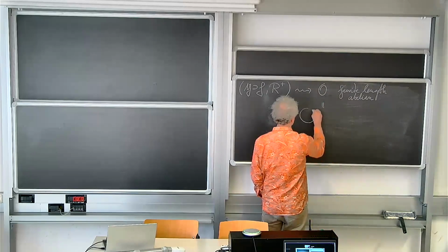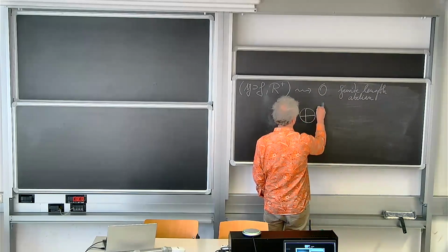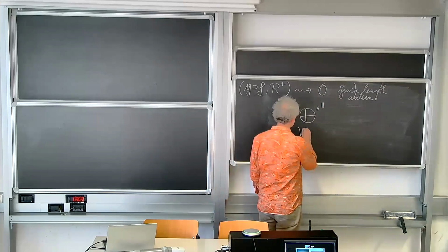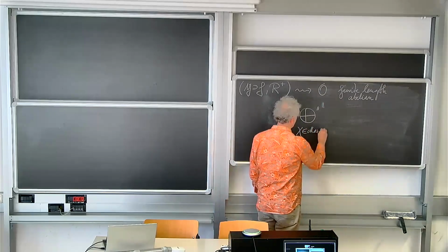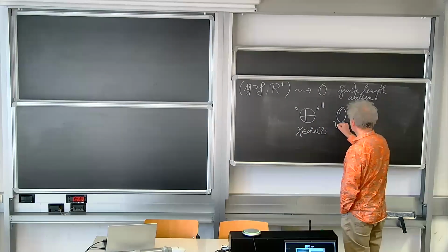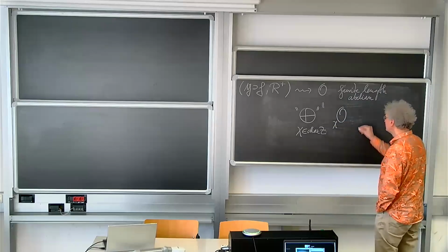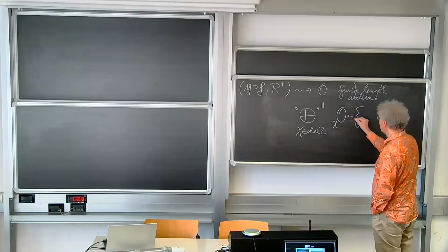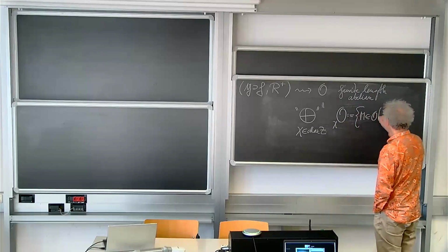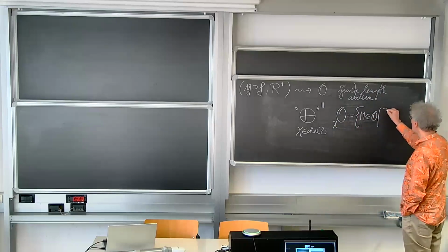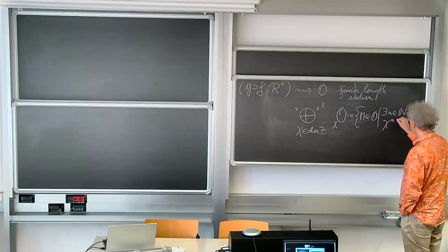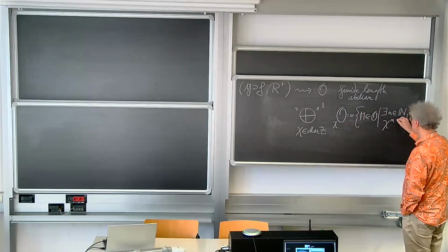Let's write in brackets that it will be the sum over all maximal ideals of the center, something I call O_chi, and this will be defined as the objects of O which are killed by some power of the maximal ideal chi in the center.